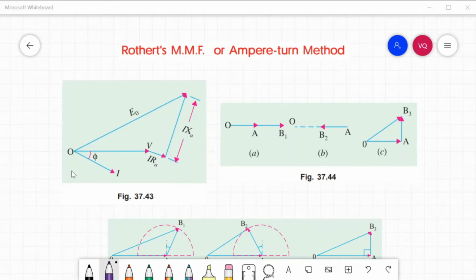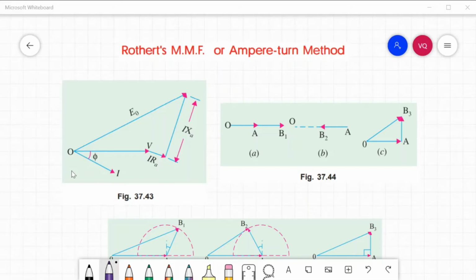This can be found from the OCC curve. Second, the field ampere turn required to overcome the demagnetizing effect of armature reaction on full load. This value is found from the short circuit test.